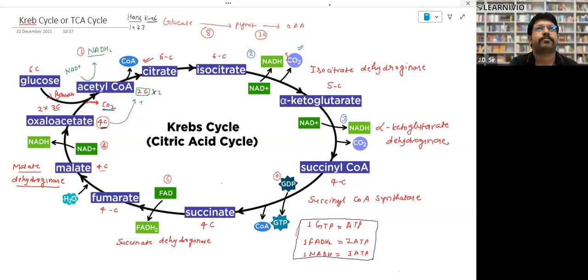The cycle is also named citric acid cycle or TCA, tricarboxylic acid cycle, after the initial product.